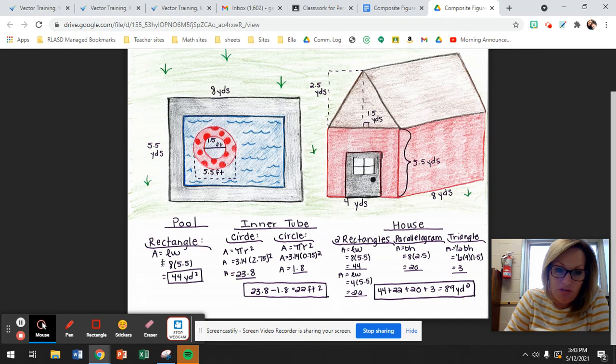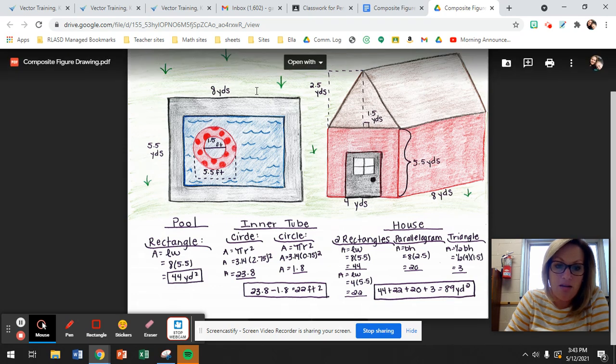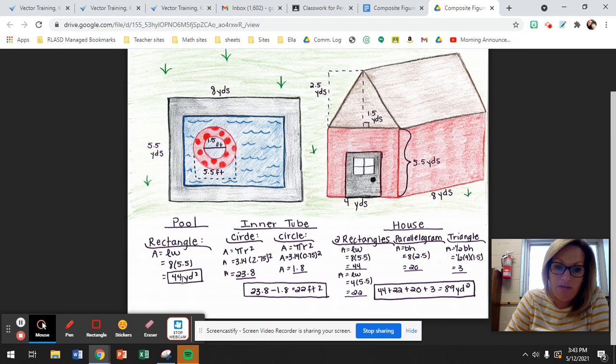My rectangle, the area was length times width. Then I substituted: the length was 8, the width was 5.5, and 8 times 5.5 was 44 yards squared. For the inner tube, I have 2 circles because I have the actual inner tube, and then the inside I have to subtract because it's a hole there. It's not there.